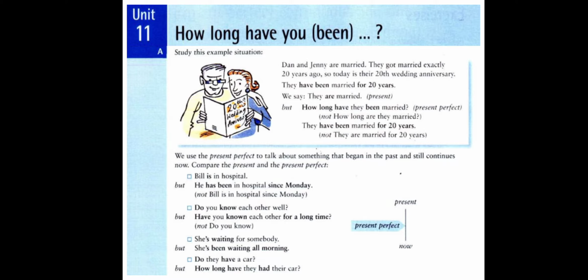We say they are married. When we say they are married now, it means we speak about a present situation, about this moment. But when we say they have been married for 20 years, we speak about the action 20 years back until this moment. But if we say they are married now, we speak at this moment only.